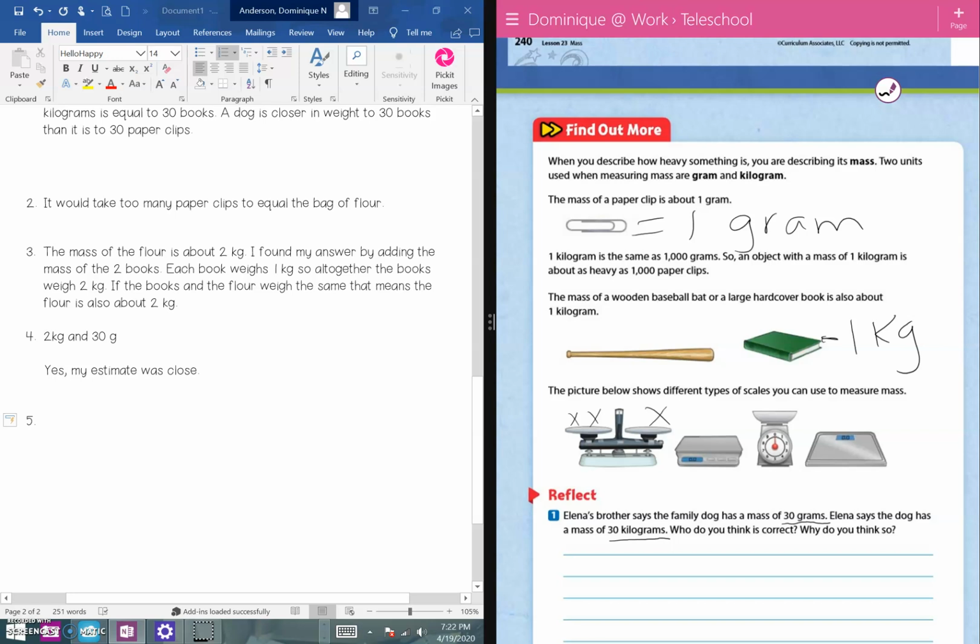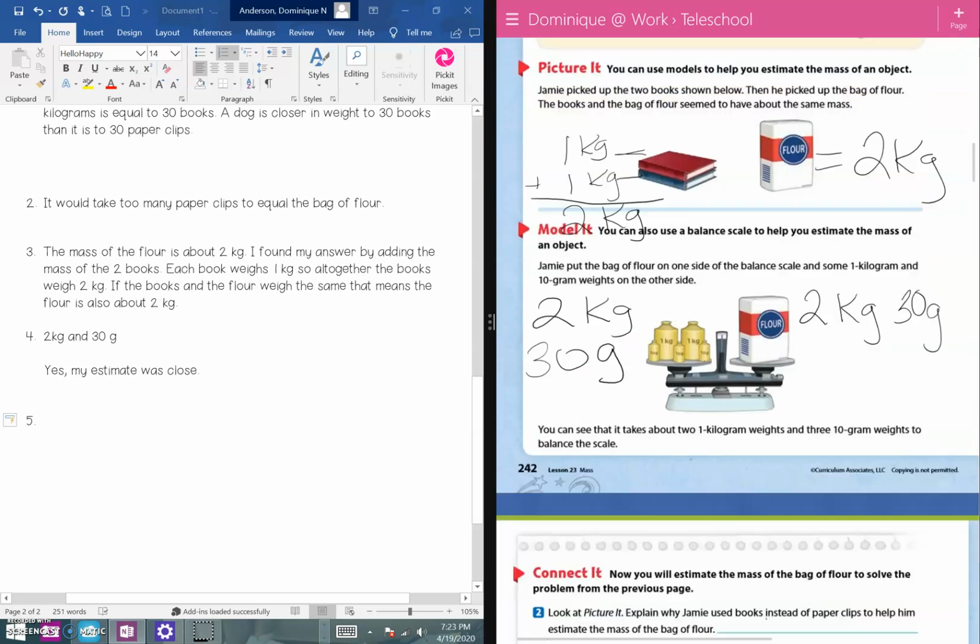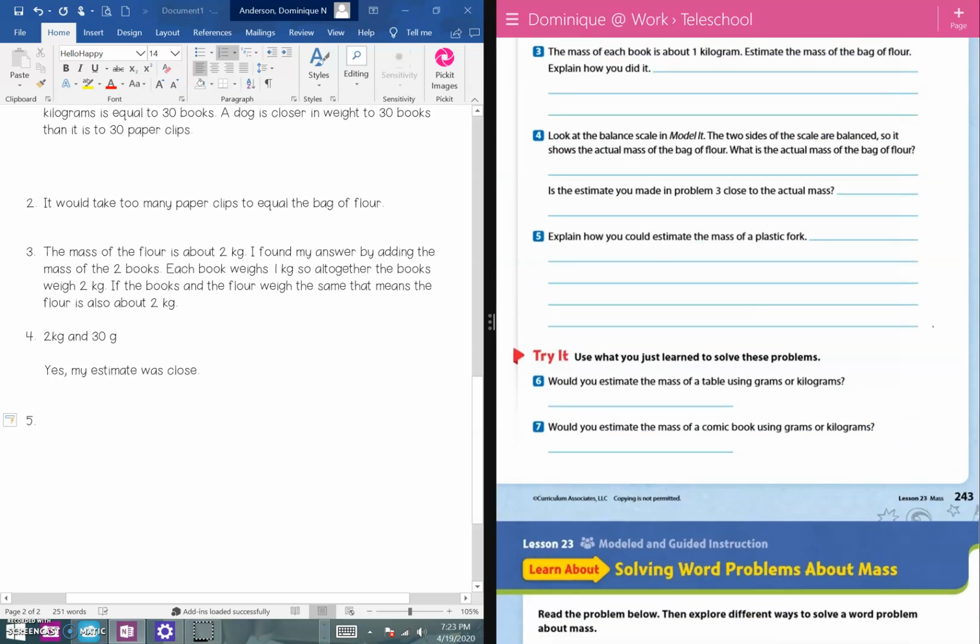Now, a fork is pretty light. I know if you hold a plastic fork in one hand and a hardcover book in another, the book is going to be a whole lot heavier. So I don't think that the book would help us. I would use paper clips because paper clips are pretty light, just like the fork. So if we go back, it says explain how you could estimate the mass of a plastic fork.